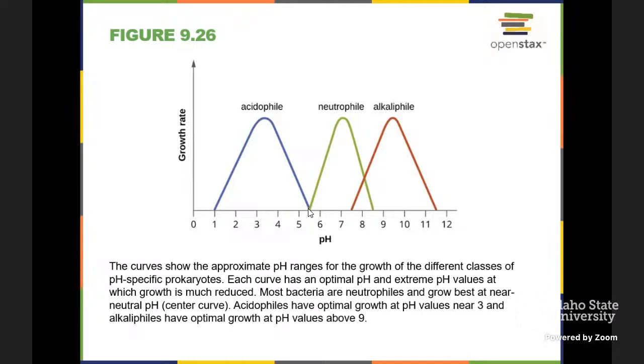There are some archaea super extremophiles that push this threshold even farther, growing toward a pH of nothing, right around 0. That's super crazy. Or the other extreme, pushing toward 14, and we're not even going that far out here.